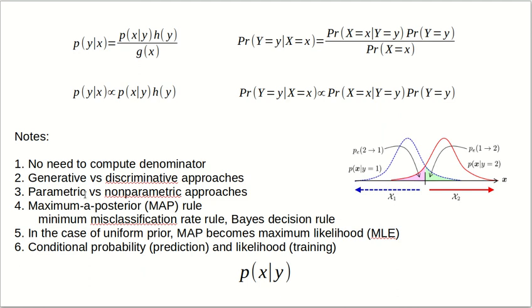Of course, you don't have to use a Gaussian. There are plenty of other choices for distributions. If you assume other kinds of distributions, then it's going to be different kinds of parameters built into those mathematical representations of the distributions.